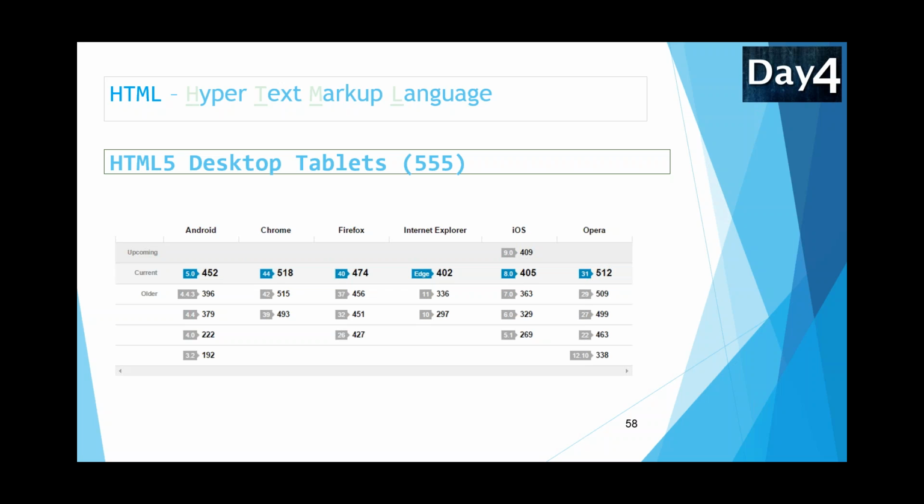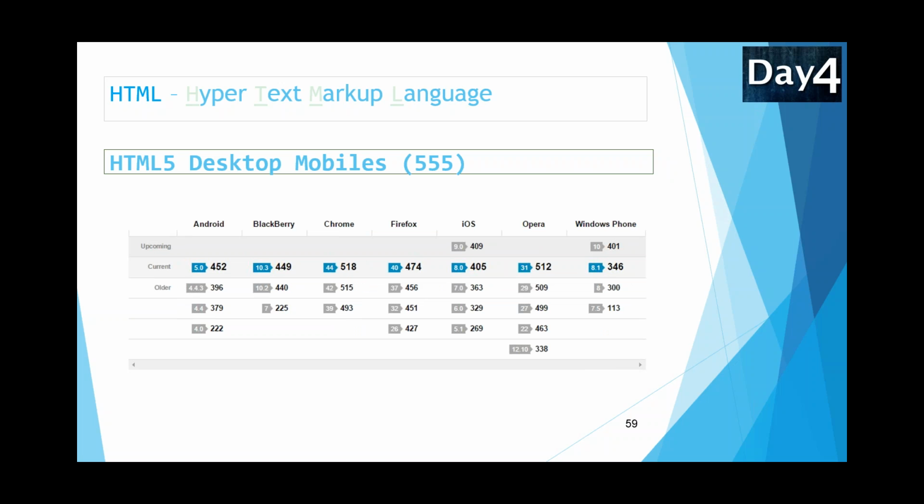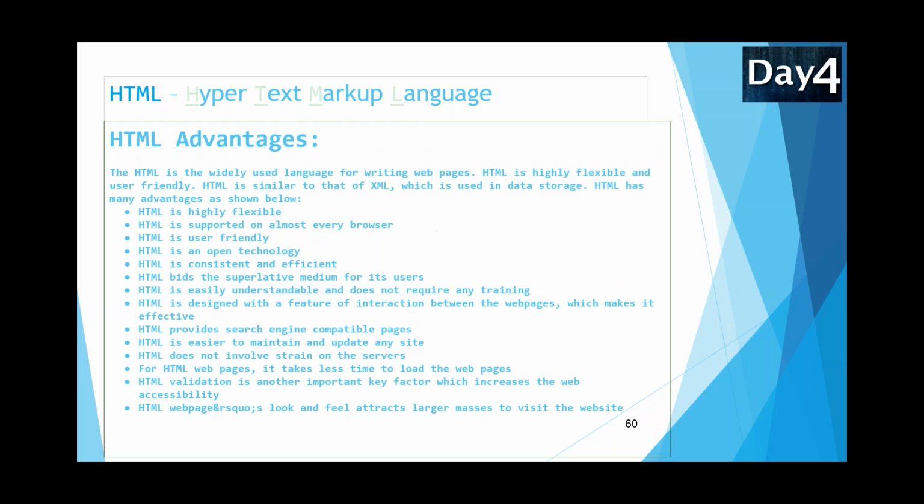So all these are supported on desktops and tablets. And then mobile browsers, how they are supporting HTML5. That means whatever you have written in HTML5, the sites you can access in mobile applications also. That's the advantage of HTML5.